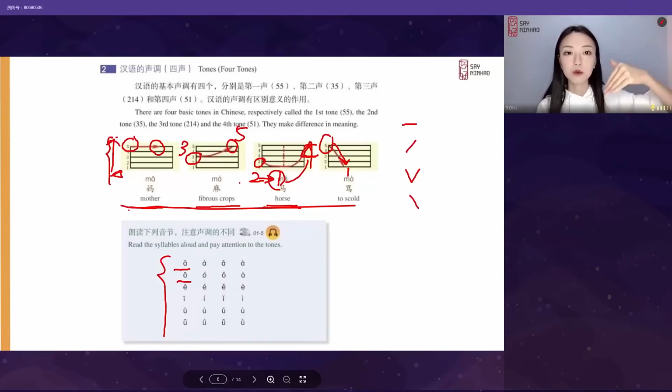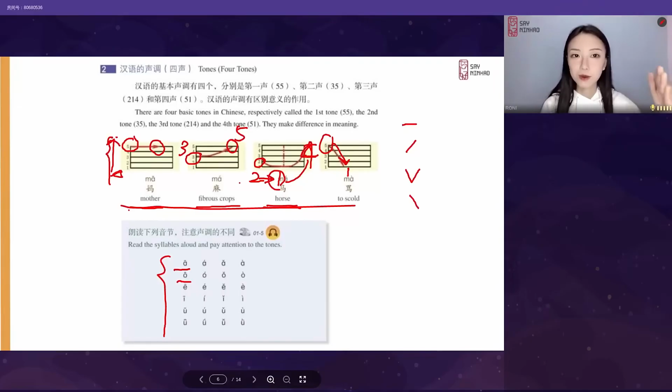And third tone, and fourth tone. Last one is yu. Okay, first tone, second tone, third tone, and last one, fourth tone.